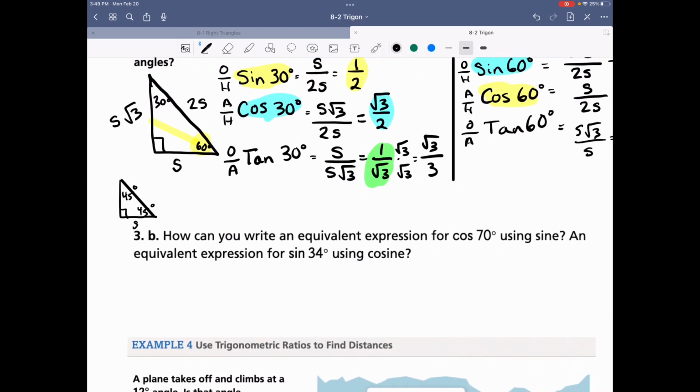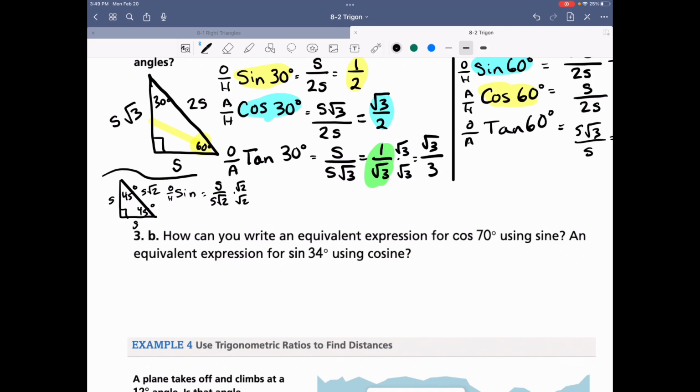So remember that this is s root 2. So looking at 45, SOHCAHTOA, the sine is equal to the opposite, which is s, over the hypotenuse, which is s root 2. We have to rationalize that. The s's cancel, but then we'll multiply by root 2 over root 2.